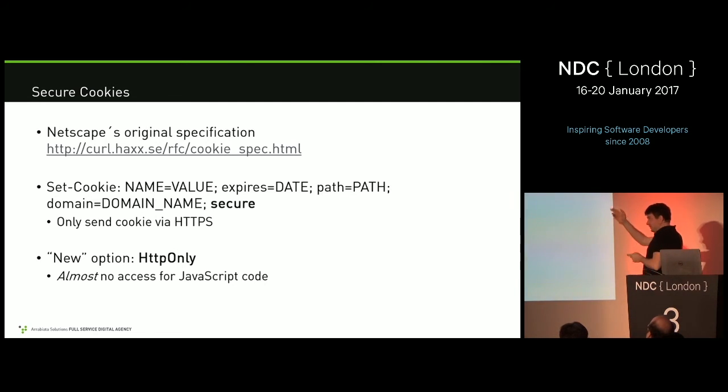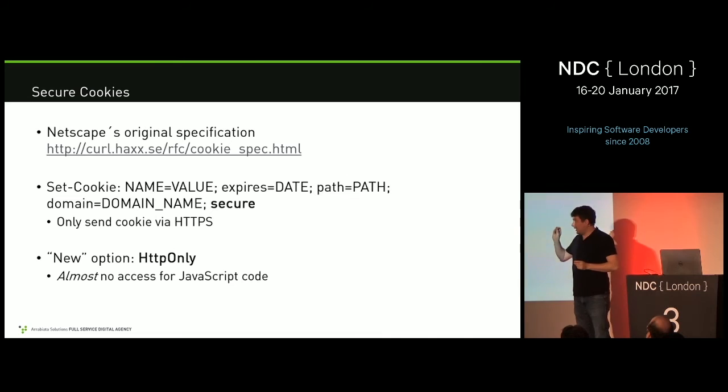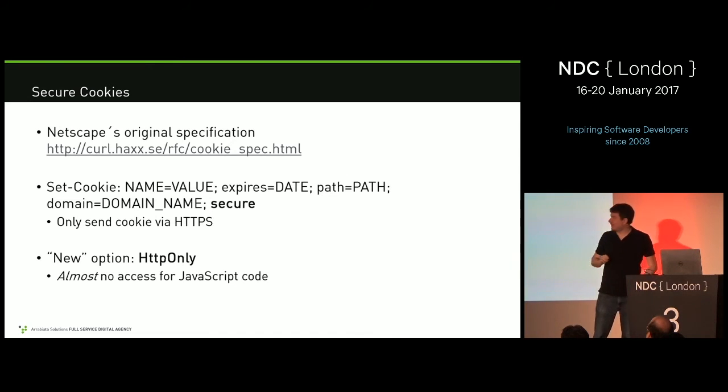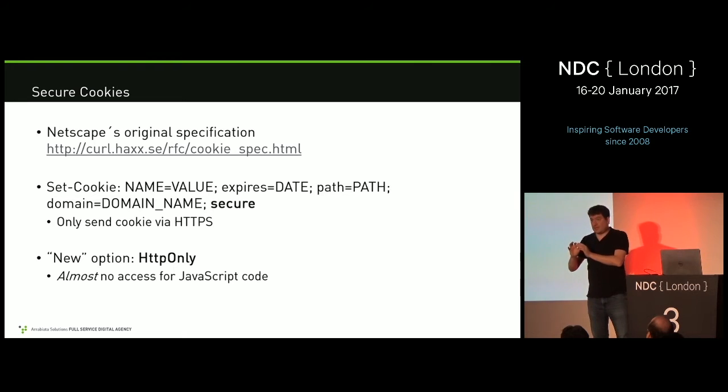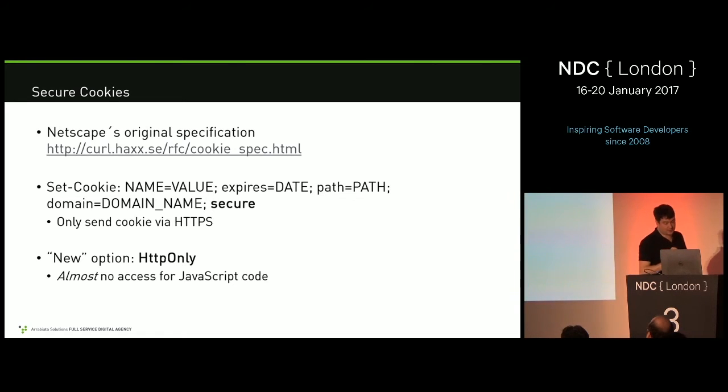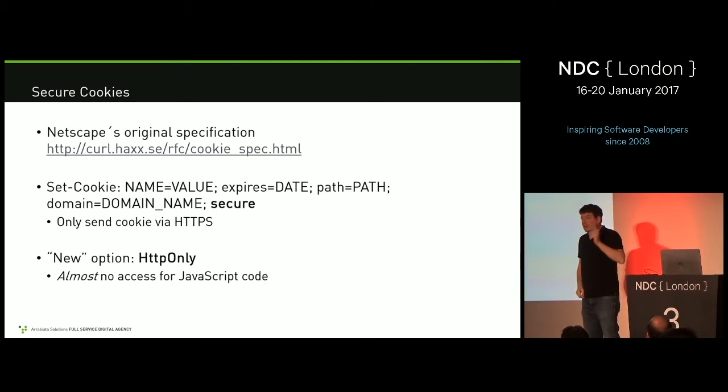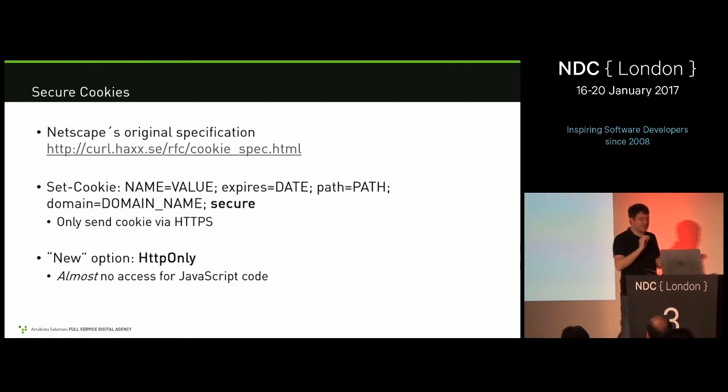So in their specification, which is archived here, pretty interesting, the Set-Cookie header had an option called secure. Secure means if this cookie is sent from the server to the client and the client chooses to store that cookie, to accept it, then the cookie is sent back with all subsequent requests to the same origin, but with the secure flag only if the connection is done via HTTPS.